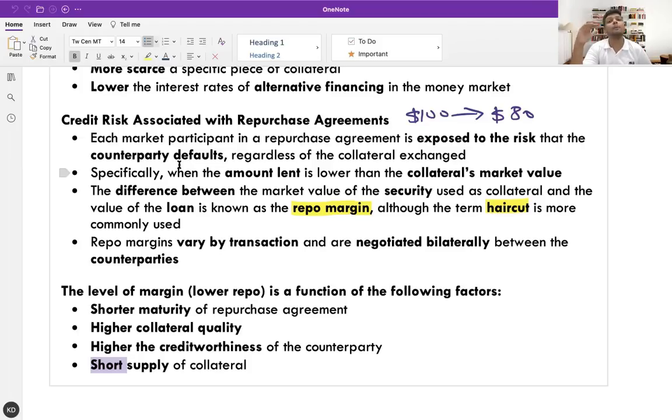Apart from that, in corporate borrowing and lending, in most cases they give you borrowings more than the value of your collateral. That's why they also charge you very high rates. That's the risk that they take.